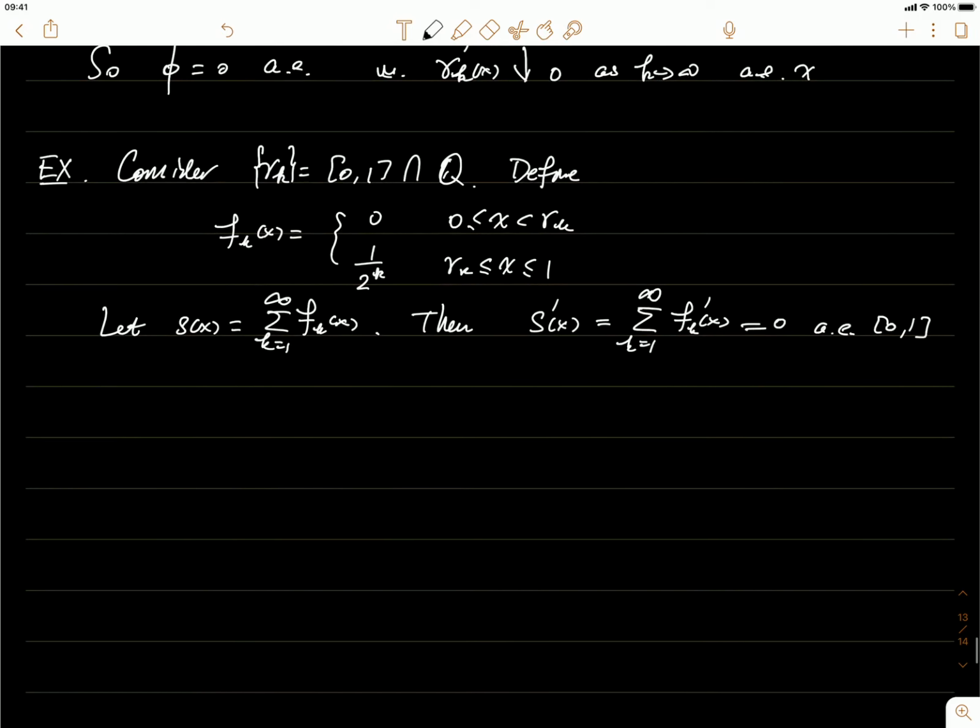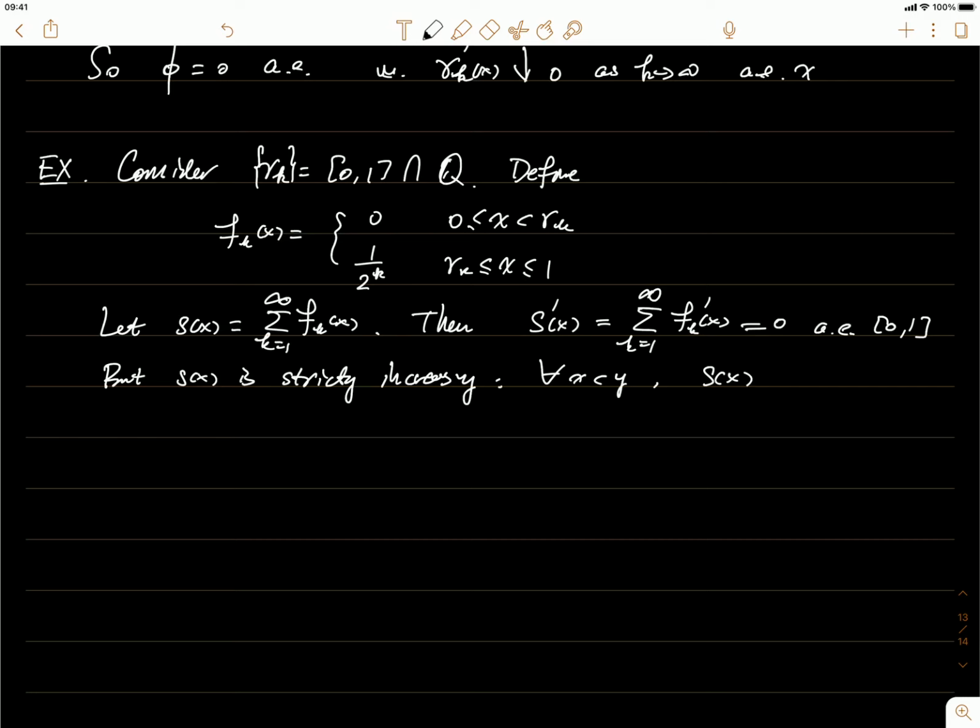But on the other hand, we can easily show that S is strictly increasing. Because for any x less than y in the interval 0 to 1, there exists some rational number r_k in between, so that S of x must be less than S of y.